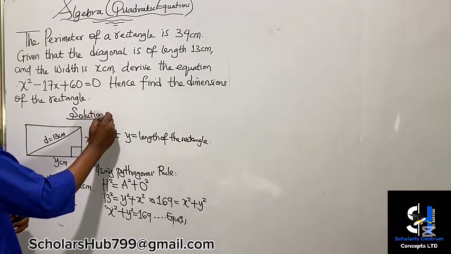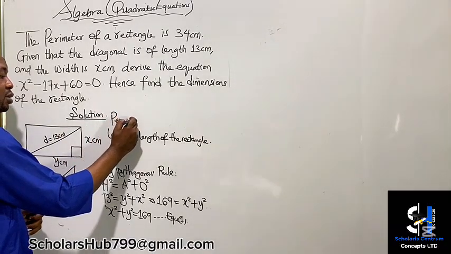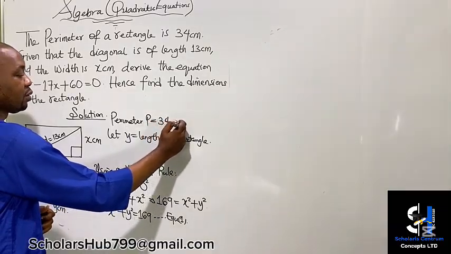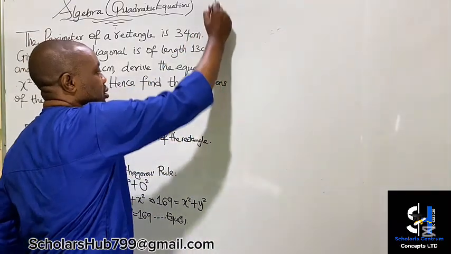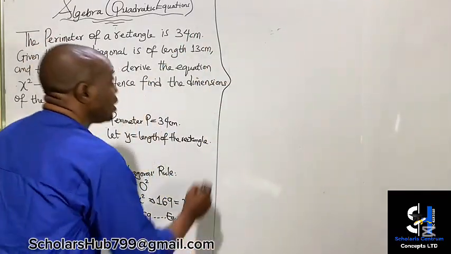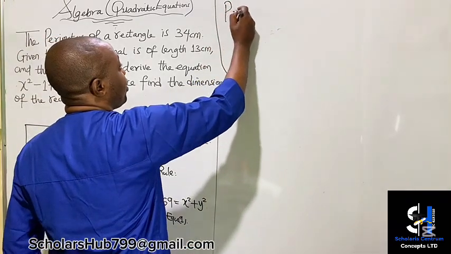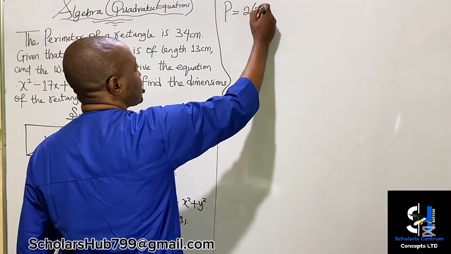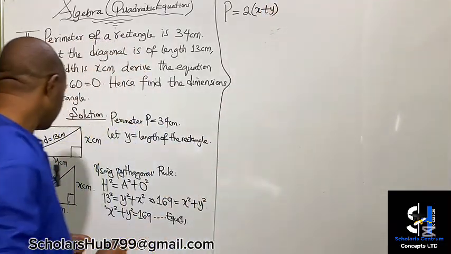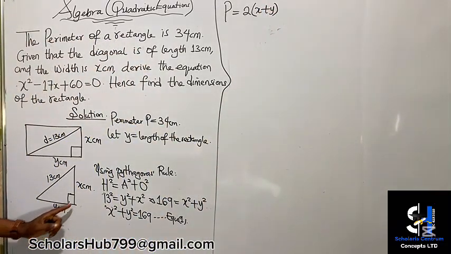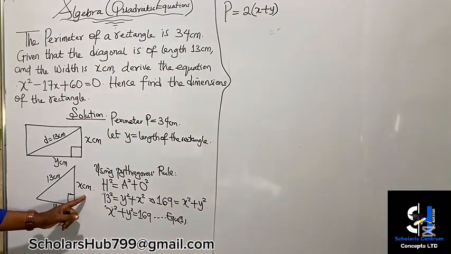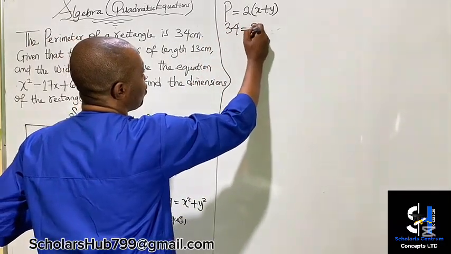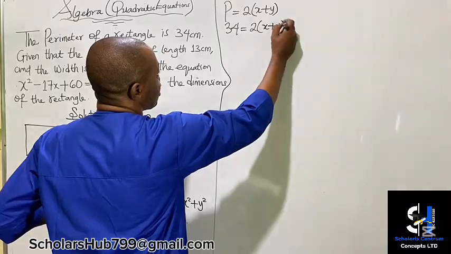Okay, we're also given here that the perimeter of the rectangle is 34. So let's say the perimeter P is 34 centimeters. We know that the formula for perimeter in this case will be 2 into x plus y, because the length is y and the width is x. So we write 34 equals 2 into x plus y.